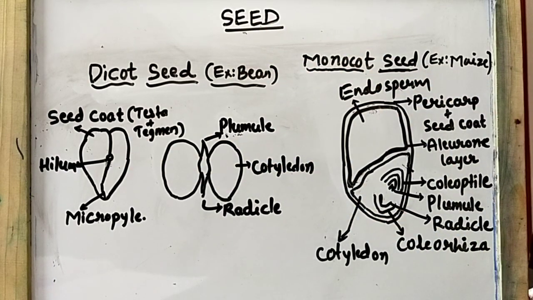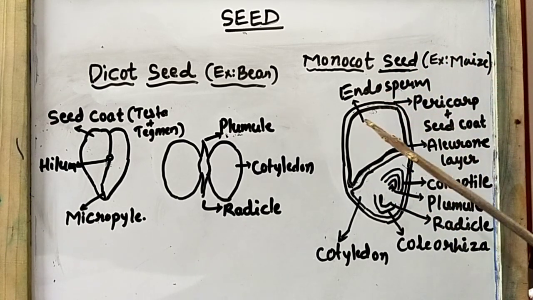Another one is the endospermic seed. When is it known as an endospermic seed? If a part of the endosperm is present in a mature seed, then it is called an endospermic seed. If food is stored in the endosperm and is available for the embryo, then it is known as an endospermic seed.